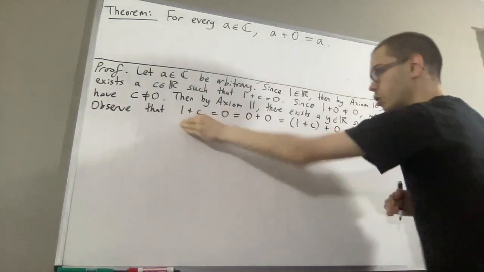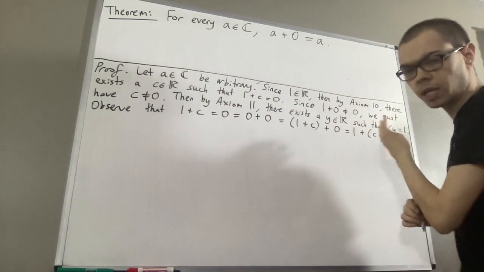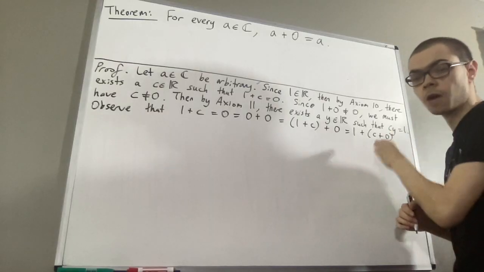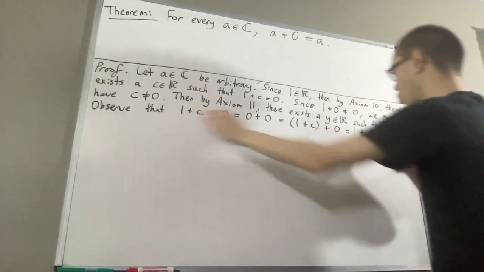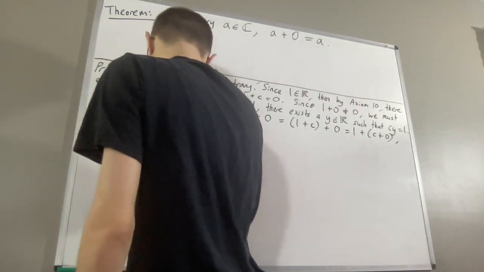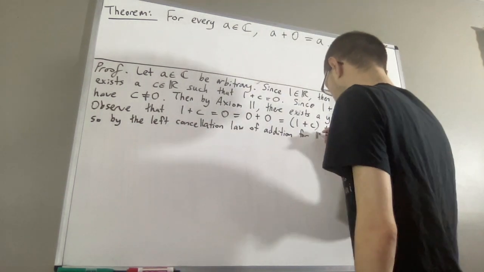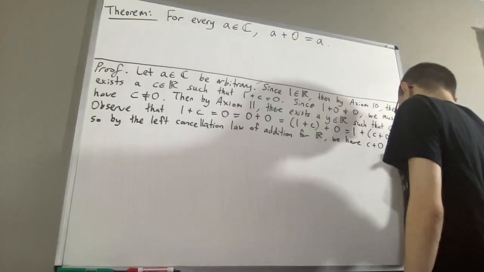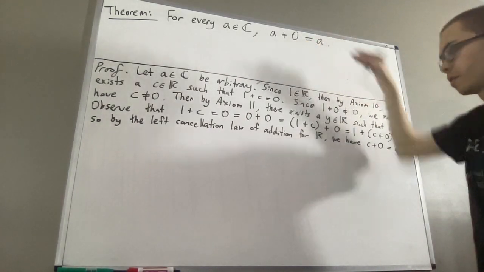Now, we're just working with real numbers here, so we're in a position where we can apply the left cancellation law of addition for real numbers. We cancel out the ones, so we're left with c plus 0 is equal to c. So we're going to use this to show that a plus 0 is equal to a.